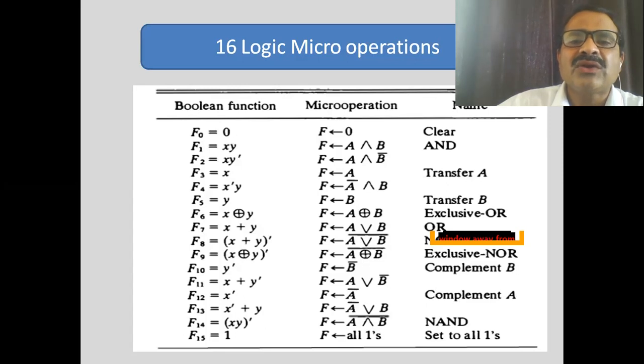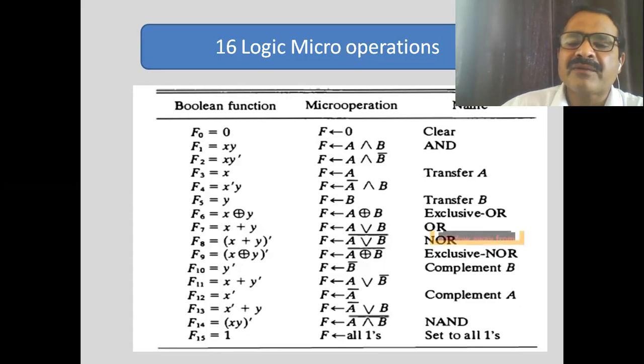Now, there are 16 logic micro operations. For example, I have discussed F2, which is equal to XY complement, meaning F is equal to A XOR B complement.